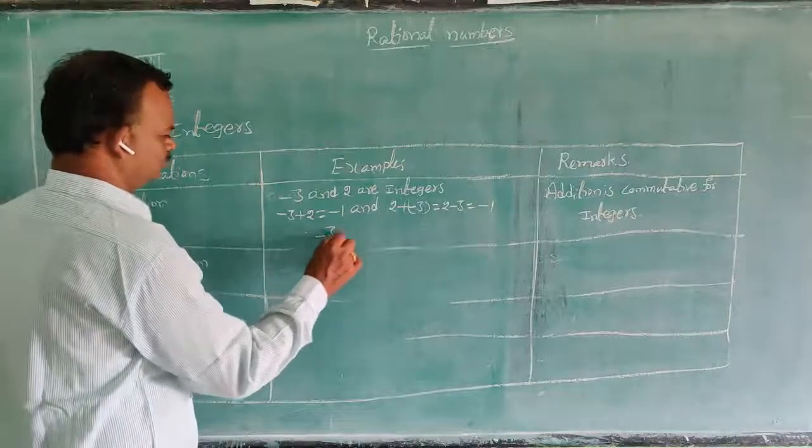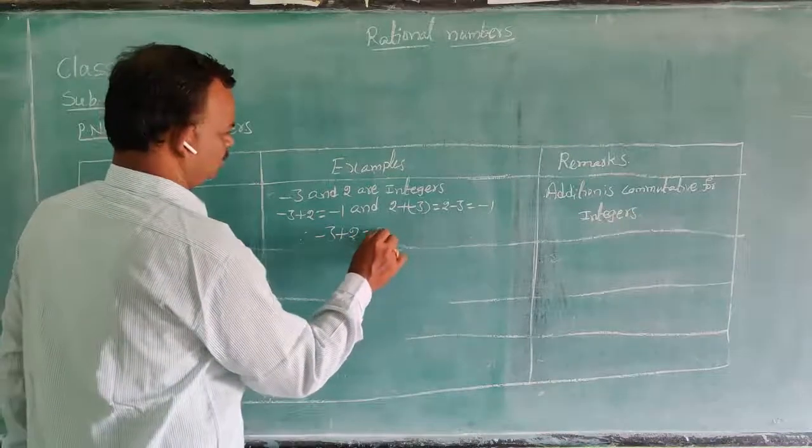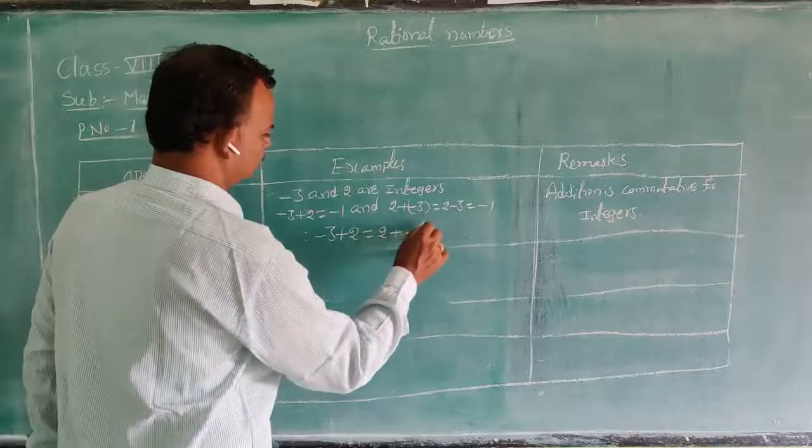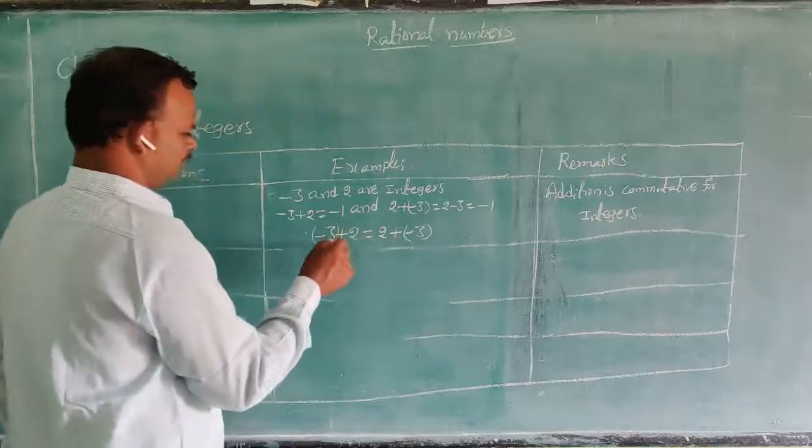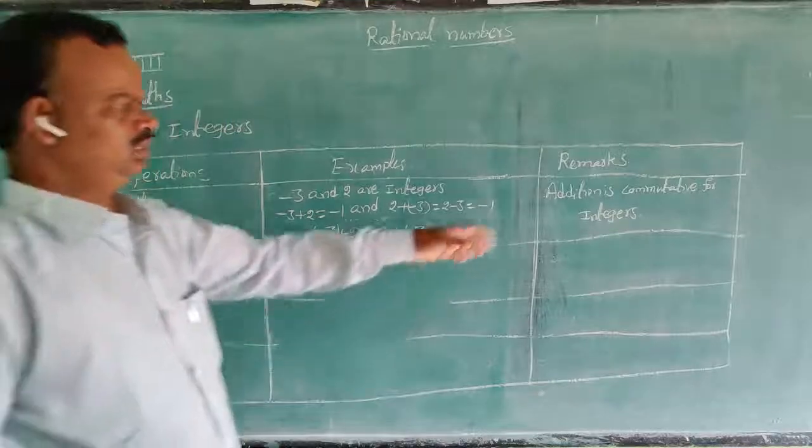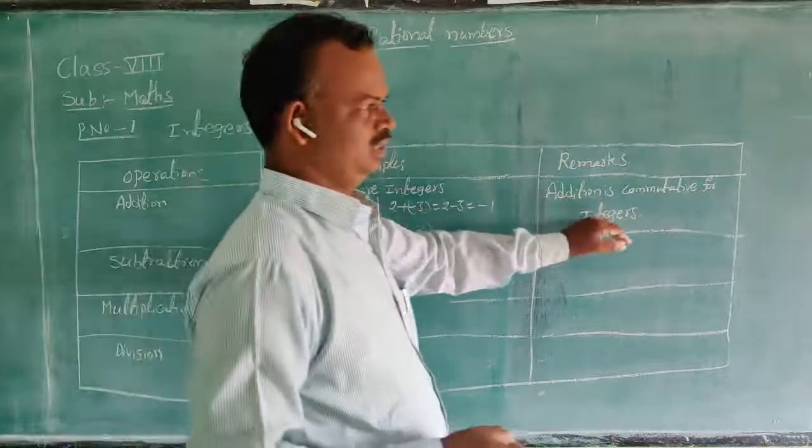Therefore, -3 plus 2 is equal to 2 plus -3. So addition is commutative for integers.